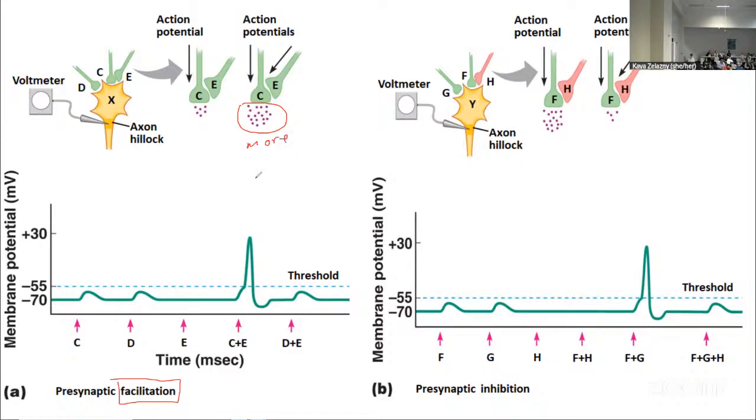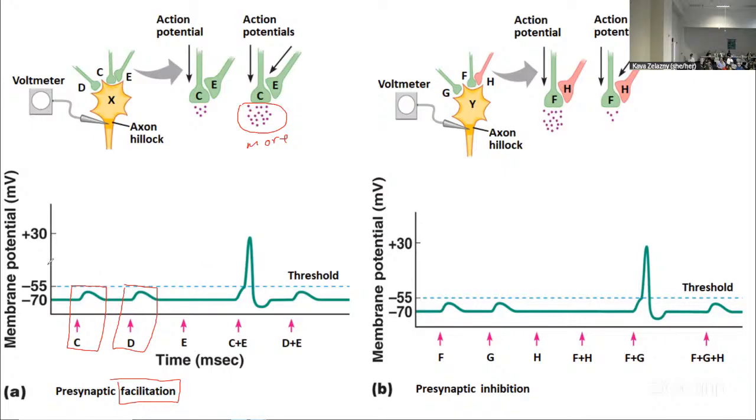Okay. So we can see what the effect of that is on the membrane potential down below as well, right? C firing on its own gives us a slight EPSP, a slight excitatory postsynaptic potential, a slight depolarization, all good ways of describing this. If D fires on its own, same deal. So C and D working individually, firing off just one at a time, are roughly equal in size.